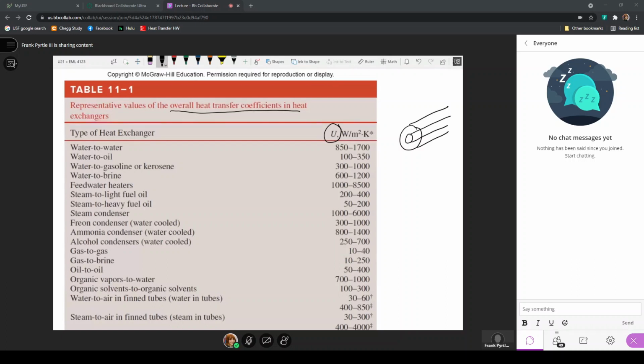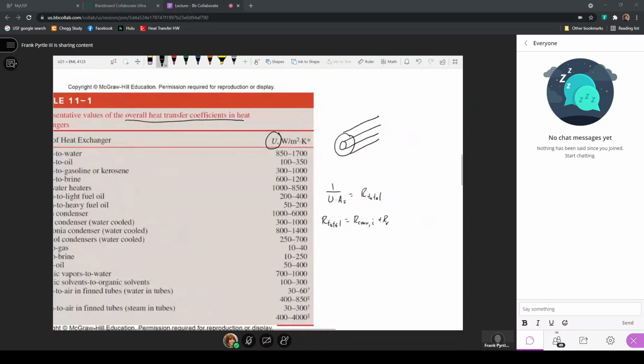Here they're just talking about the two fluids moving through that heat exchanger and the range of typical values for the overall heat transfer coefficient. Again, taking into account that 1 over U times the surface area will be defined as the total resistance, and that total resistance will at minimum consist of two convection resistances, one on the inside and one on the outside of the pipe, and a thermal resistance due to conduction.